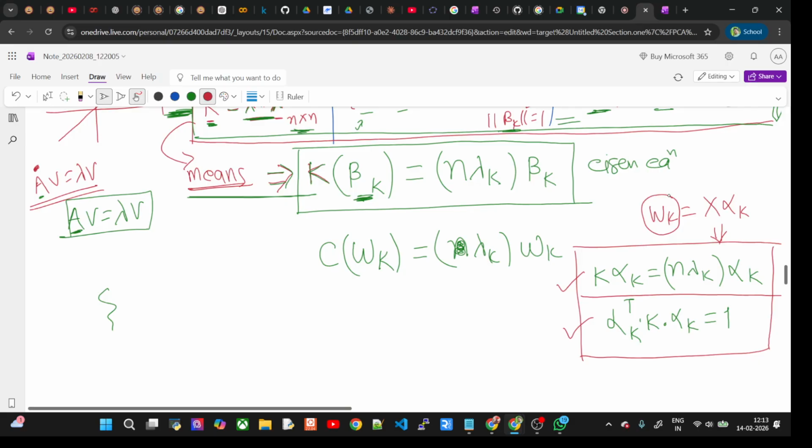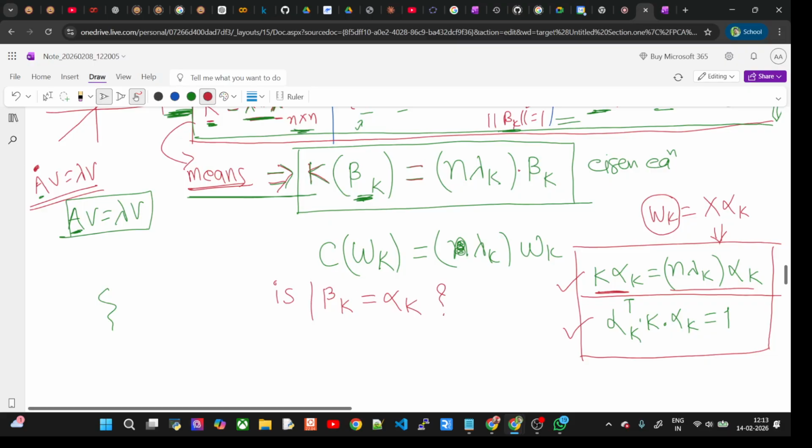But now new things come here. K into beta k equals n lambda k into beta k. Because see this equation, K alpha k is n lambda k alpha k, and K beta k is n lambda k beta k. So we are now thinking whether alpha k equals beta k, is it the same, are both similar?